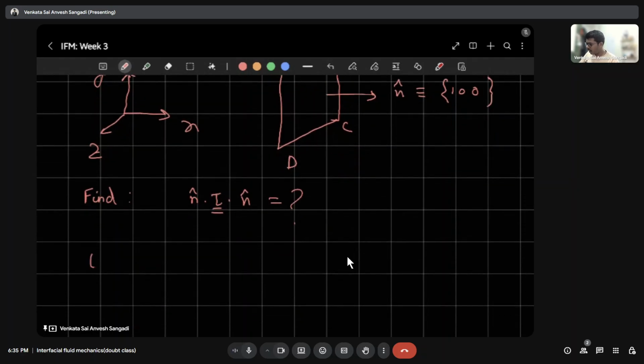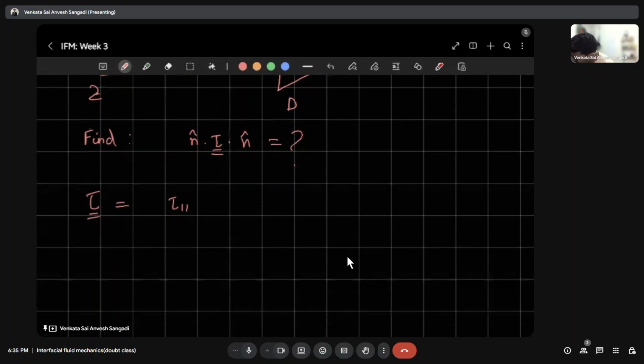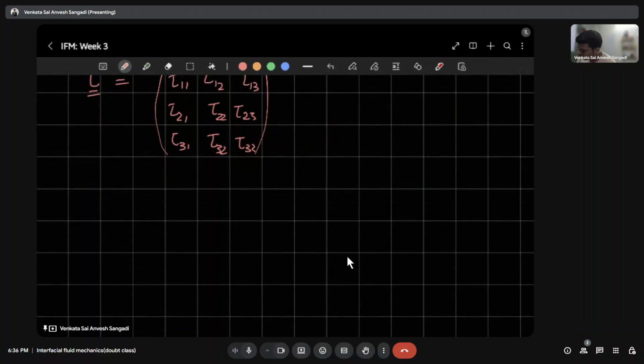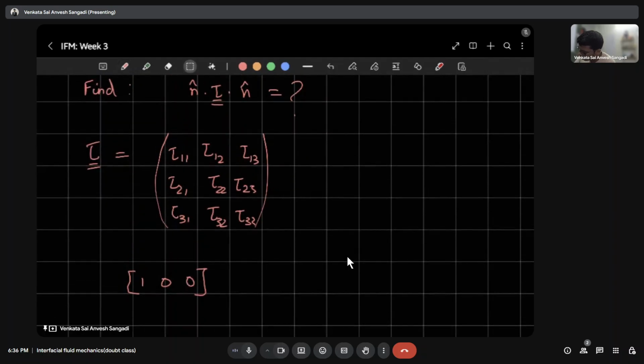We'll write tau as tau 11, tau 12, tau 13, tau 21, tau 22, tau 23, tau 31, tau 32, tau 33. And n hat will just be 1, 0, 0. We'll copy this.